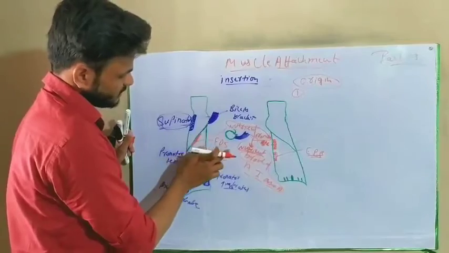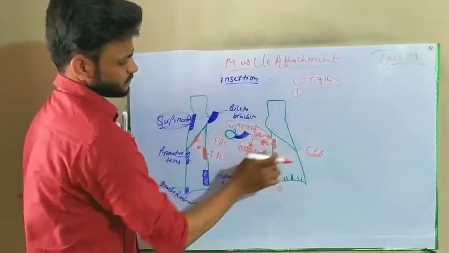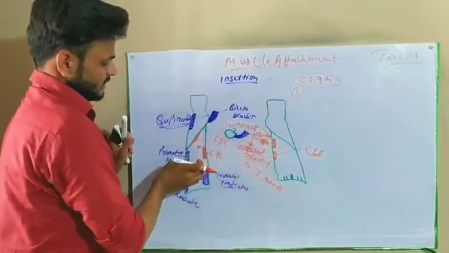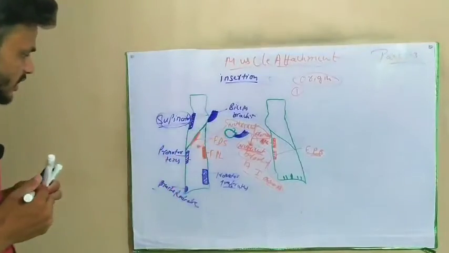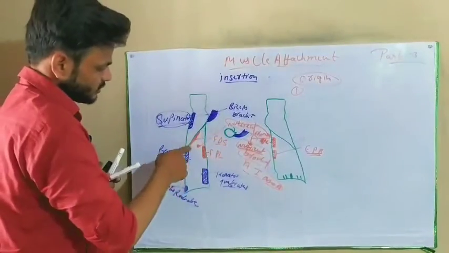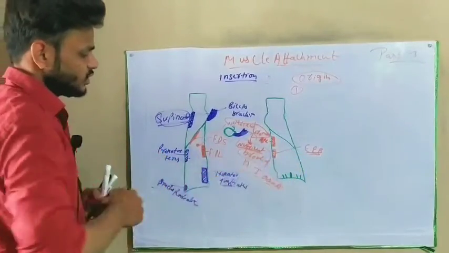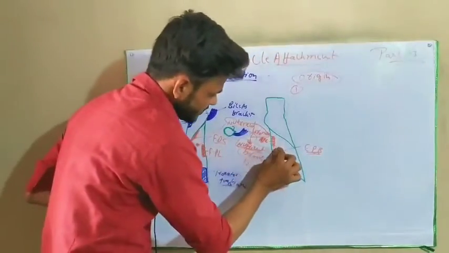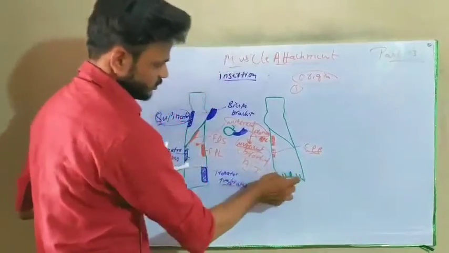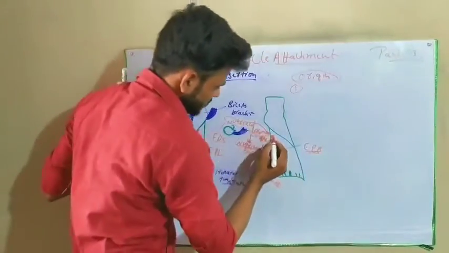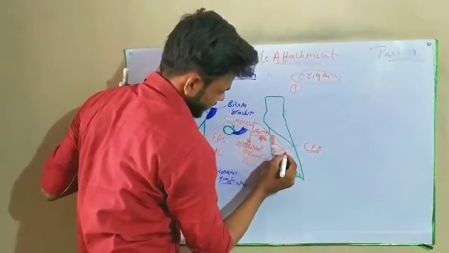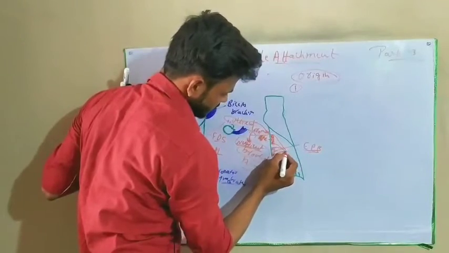There are four muscles which originate from the radius. On the anterior surface there are two muscles which take origin, and on the posterior surface there are two muscles which take origin, and those muscles will pass through this groove. The tendons of both muscles will pass.